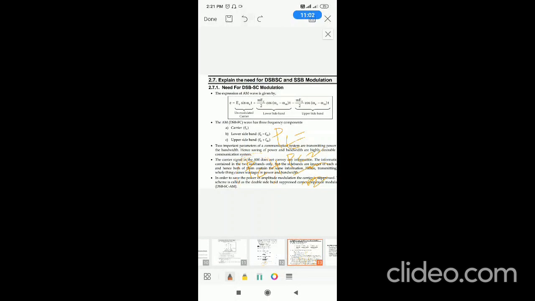For a simple example, if m equal to 1, what is the value of total power? PT is equal to PC into 1 plus m square by 2, that is 1 square by 2, that is 1 by 2. So you will get 1 plus 1 by 2, that is 3 by 2.